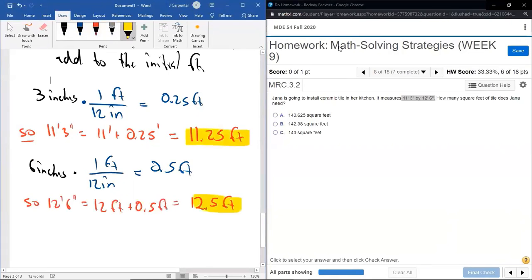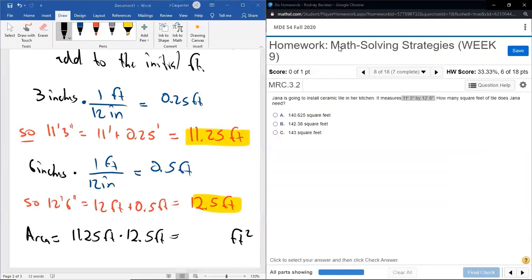So these are our dimensions purely in feet. Our answer needs to be in square feet. If you have a length and a width, how do you find an area? You multiply. So that's all we got to do. So the area would be 11.25 feet times 12.5 feet. No matter what, our units are going to be feet squared. Feet times feet is feet squared.